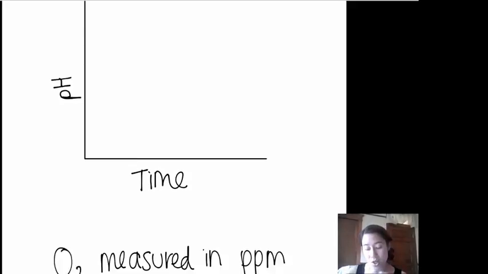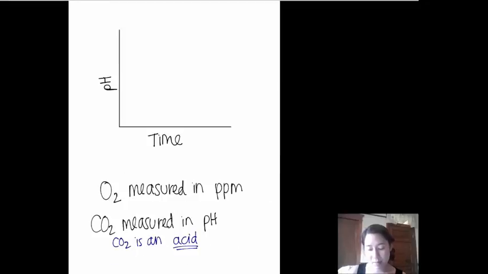And here's why. So I've got some notes here at the bottom of my page about how we measure these things. So like I said, oxygen is measured in parts per million, and carbon dioxide is measured in terms of pH, and carbon dioxide is an acid. All right, so let's think about acids for a while.